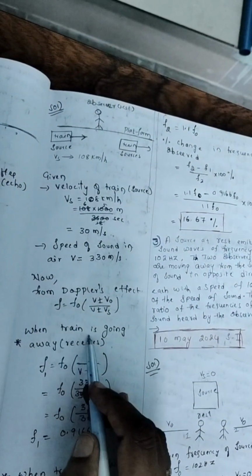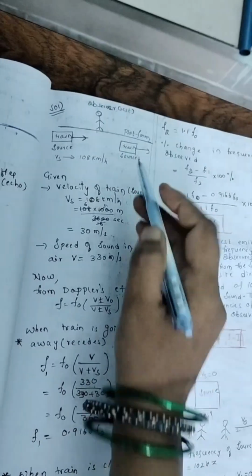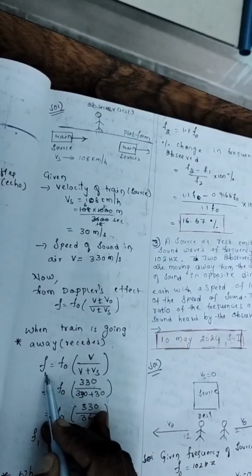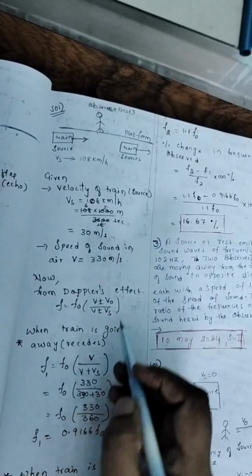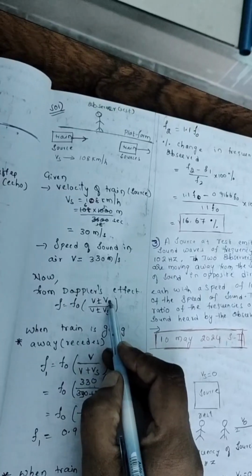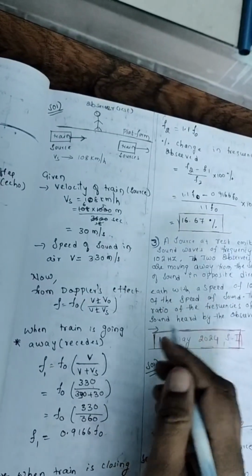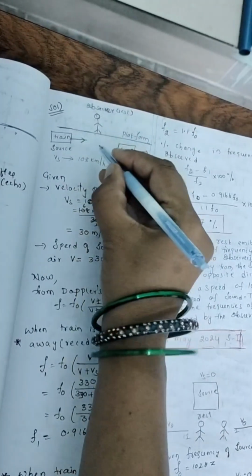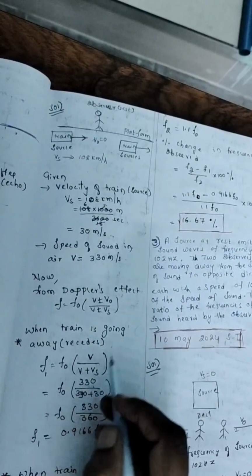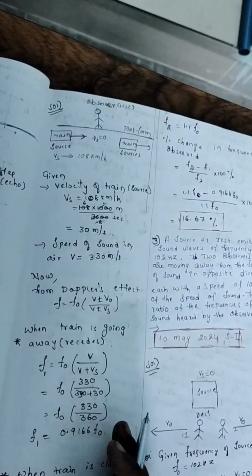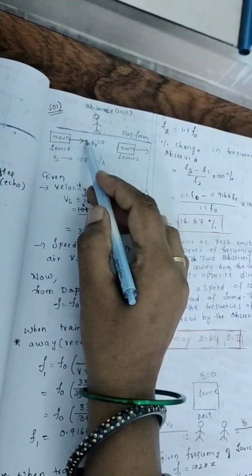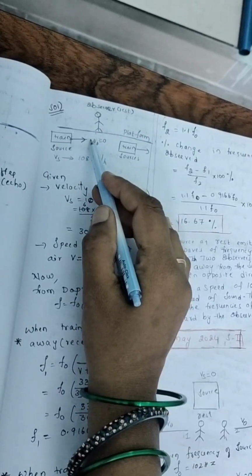Now first, when the train is going away from him. So F1 is equal to F naught. The observer is at rest on the platform. He just stood on the platform, he is not moving. So V naught becomes 0. Going away means wavelength is increasing, meaning the wavelength between the train and observer is increasing, meaning frequency is decreasing.